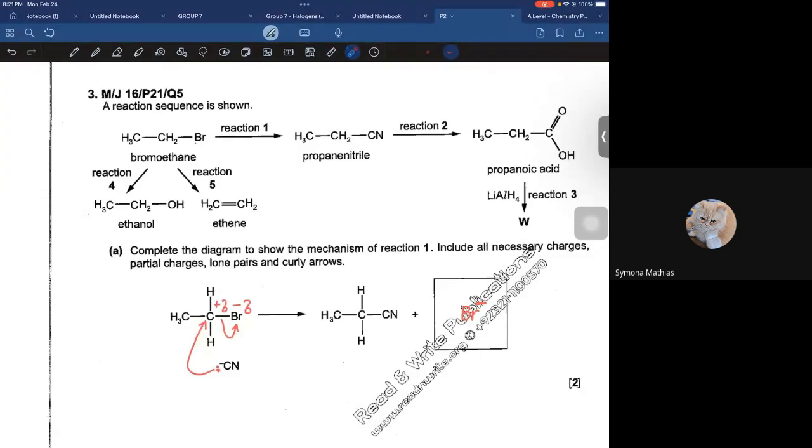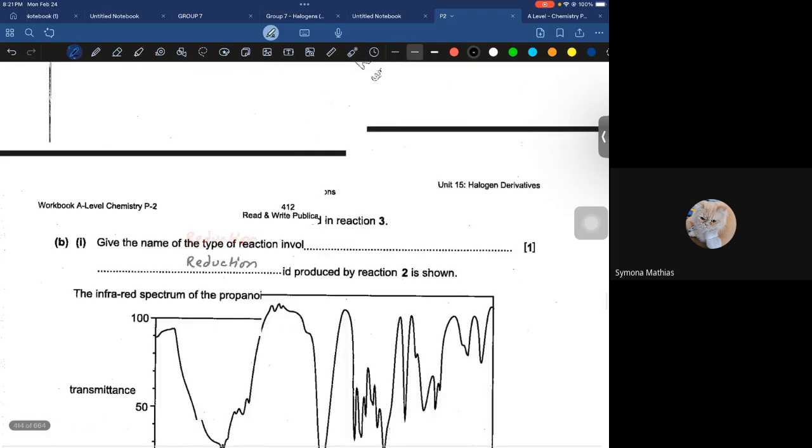If you remember, I told you that whenever you react this halogenoalkane with aqueous sodium hydroxide, the sodium hydroxide aqueous would give OH negative ion, so there would be a nucleophilic substitution reaction.